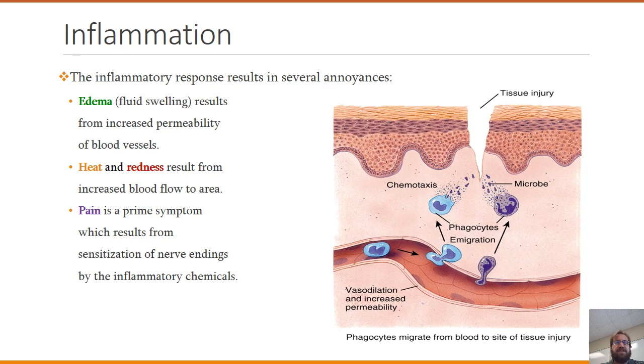Okay, we've talked about this already. The inflammatory response is annoying in several ways. We've got edema, fluid swelling, we've got heat and redness resulting from blood flow, and we've got pain from all those inflammatory chemicals running around. And that's the reason why a lot of people take anti-inflammatory drugs to try to calm down an inflammation.